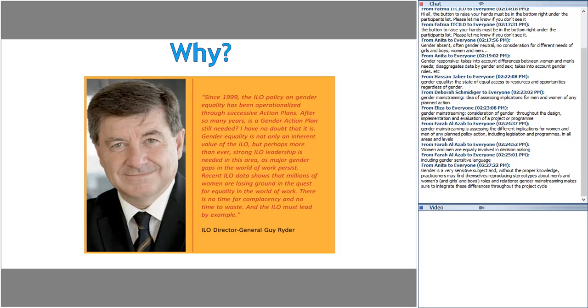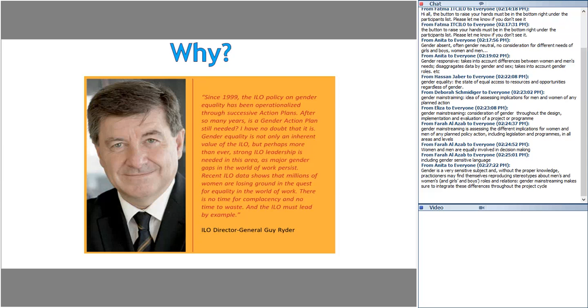He's telling the governing body that the ILO policy on gender equality is operationalized through action plans. And after so many years, do we really still need a gender action plan? And he says, I have no doubt that this is still quite necessary. Gender equality is not only an inherent value of the ILO, but perhaps more than ever, strong leadership by ILO is needed in this area.